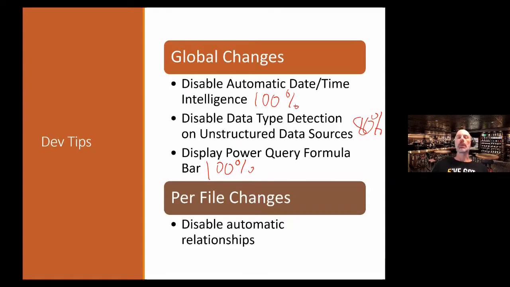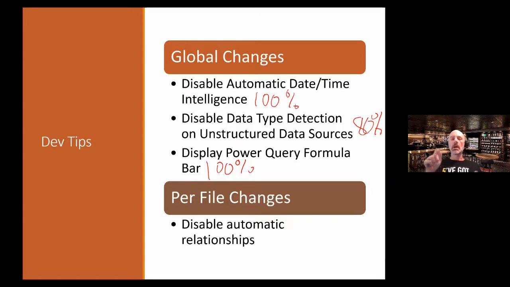You can do that globally in Power BI Desktop. You go into File, Options, Global Changes. I'll show you where these settings are. Per file changes, disable automatic relationships. Unfortunately, you cannot do that globally. I always do this because I have been bitten more than once by Power BI creating a relationship where one did not belong, and my measures don't work right because the filter relationship was improper.